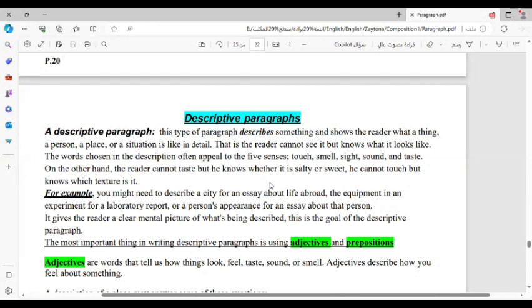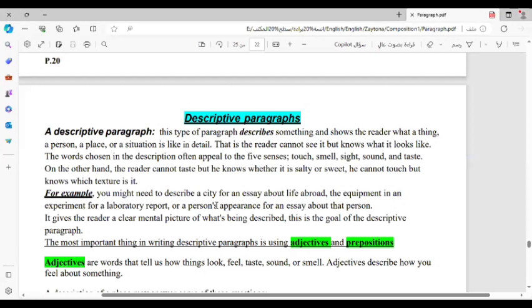For example, you might need to describe a city for an essay about life abroad, the equipment in an experiment for a laboratory report, or a person's appearance. For example, you are describing the shape of a person, using some vocabulary or adjectives.